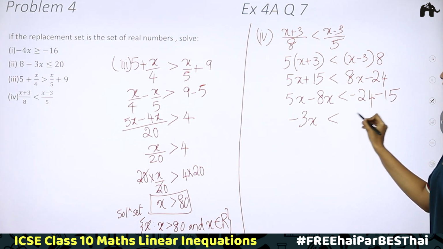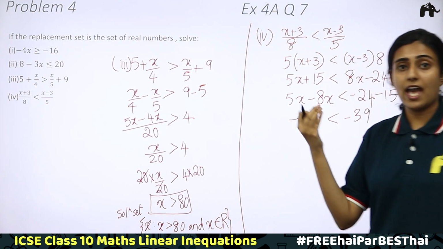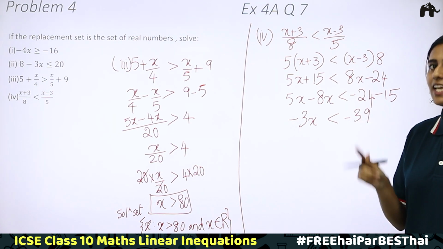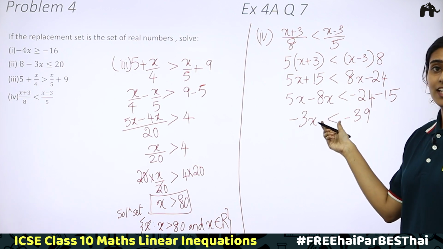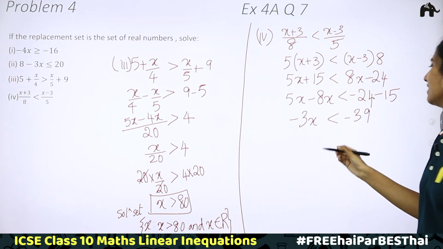Minus 39. Now we have to divide with minus 3. Dividing with minus 3, remember, we have to change the inequality. Less than becomes greater than.